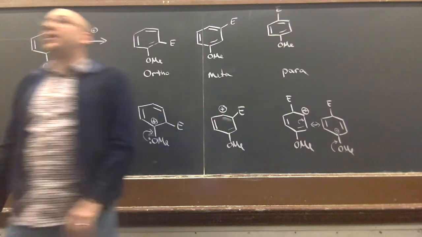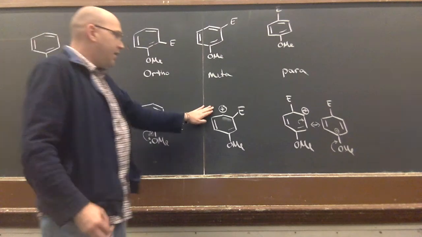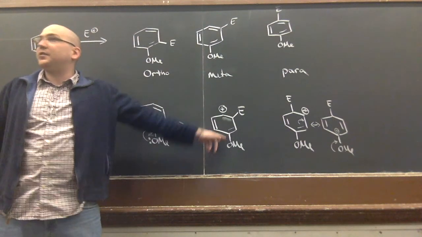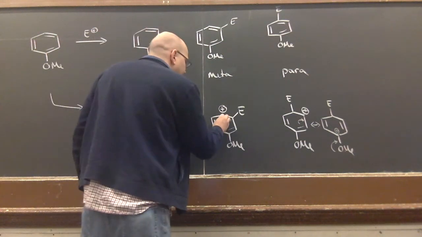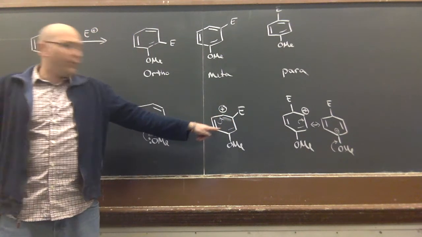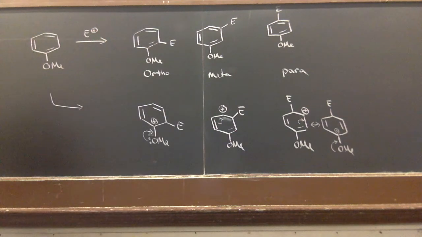In the case of the cation at this position, there is in fact no way that you can get that carbocation at this position. If we push the electrons this way, we're going to get a carbocation there. If we continue to push them, we're going to get a carbocation there. So you notice that as you push the electrons around, you continue to skip carbon atoms each way.